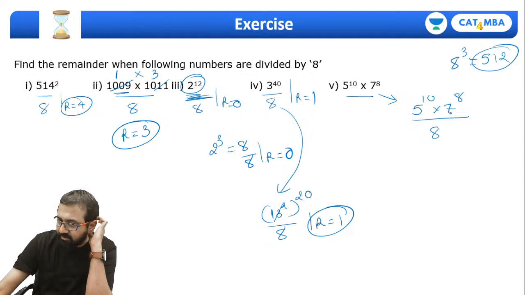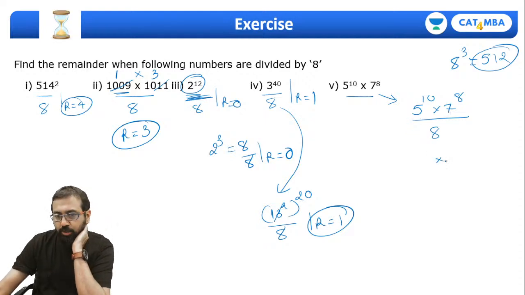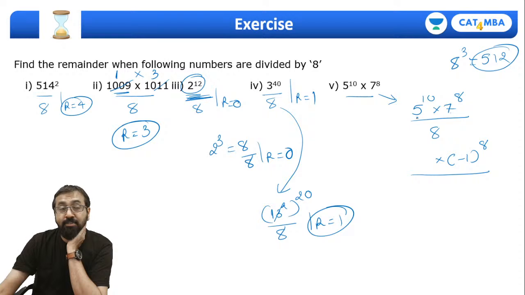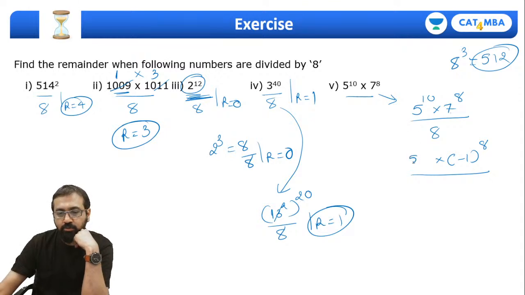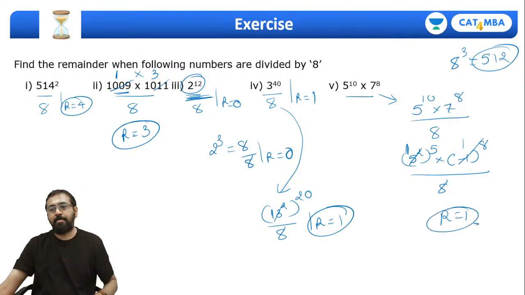Now guys, 7 divided by 8, of course remainder is going to be -1, and -1 raised to 8 is going to be 1, so that's not a concern. What about 5? Can I say 5 square is 25, and 25 divided by 8, remainder is 1, because 24 is a multiple, so we'll have to write it this way: 5 square whole raised to 5. And this divided by 8, remainder is going to be 1. Even this is 1, so final remainder is 1 itself.